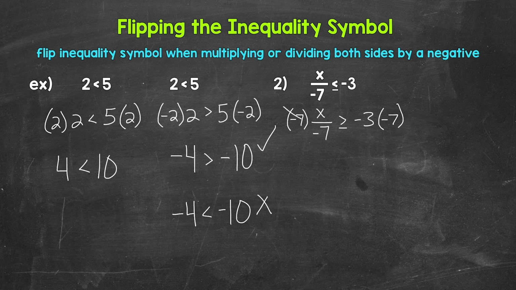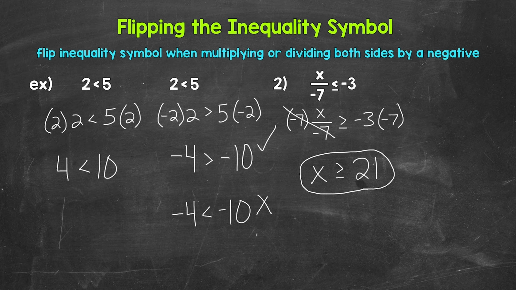Now on the left, these negative 7s cancel each other out. X is now isolated, so we have x is greater than or equal to, and then on the right, negative 3 times negative 7 gives us 21. So x is greater than or equal to 21. Now, when we solved this before, we didn't rewrite everything.